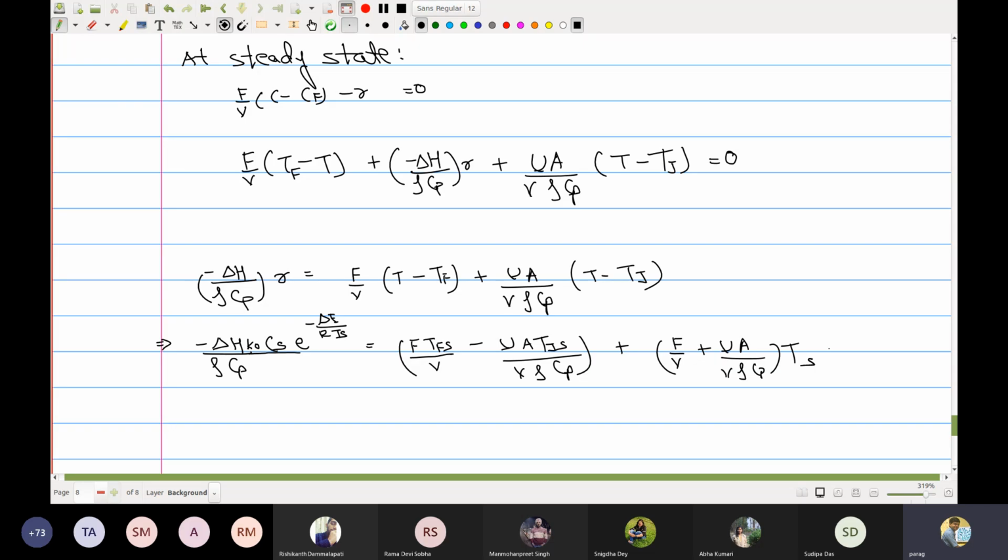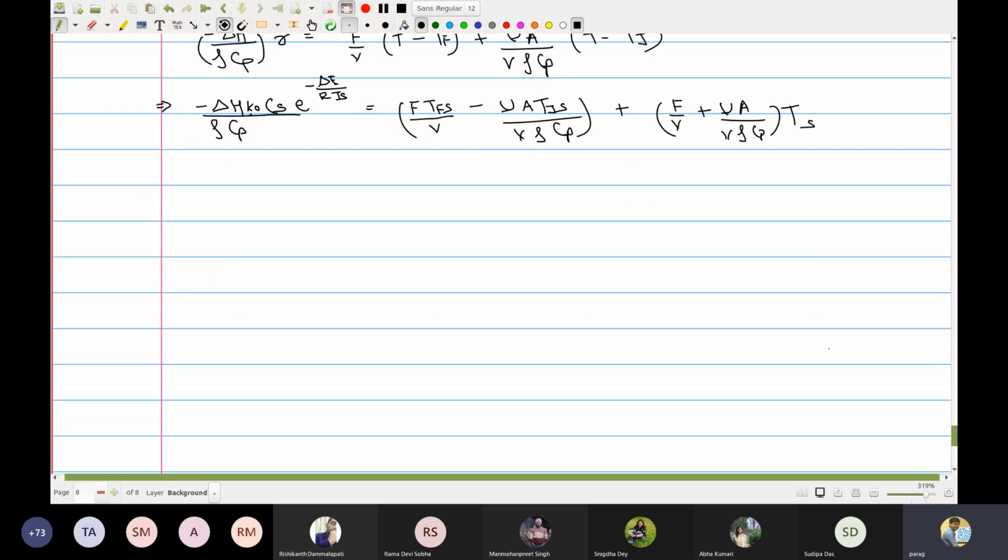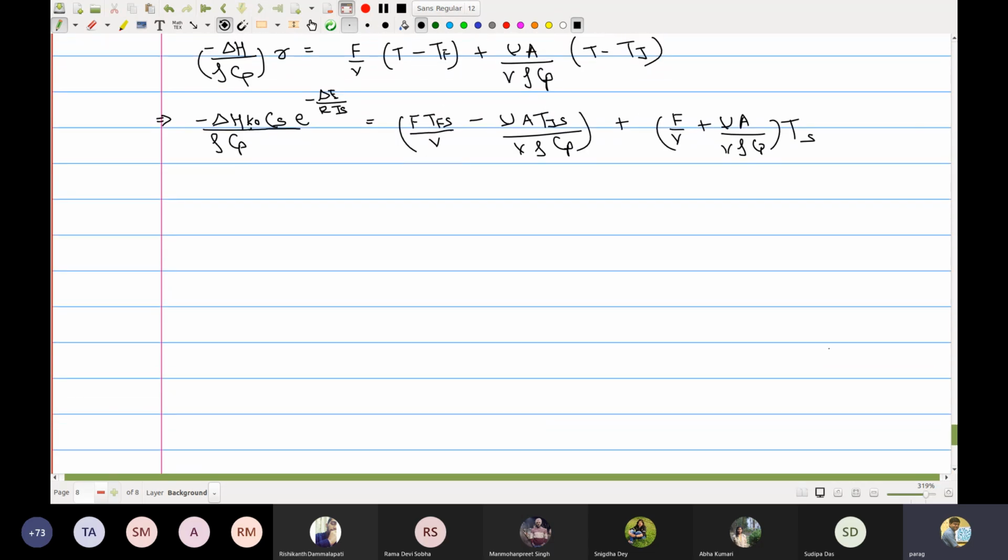Everything is at steady state. Now let me analyze what's going on in this equality.